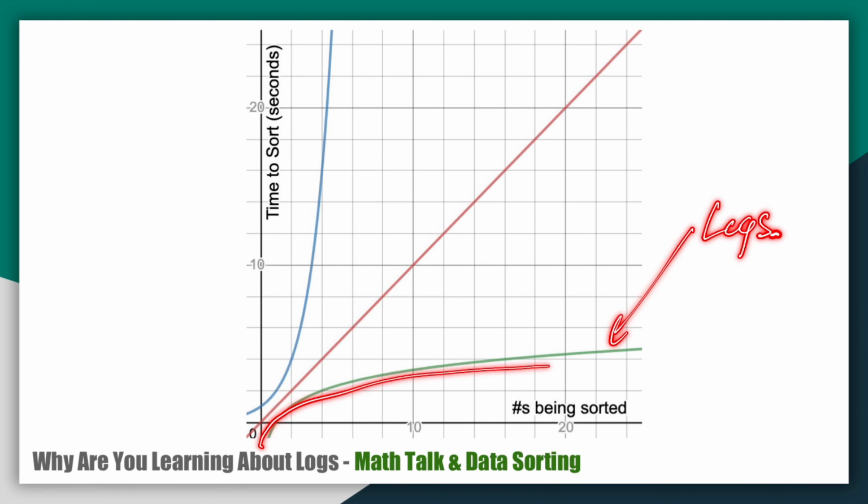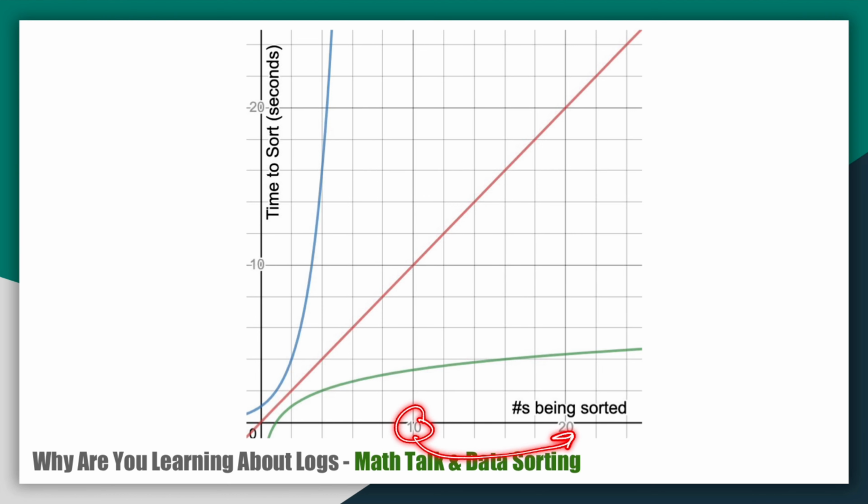If we can create a sort or even searches that follow the logarithmic pattern, then look what happens when I double the data down the line. Here when I go from 2 to 4, I'm at about 1 second to 2 seconds, so I doubled my data and doubled my time early on. But when I go from 10 to 20, look at the small increase there.